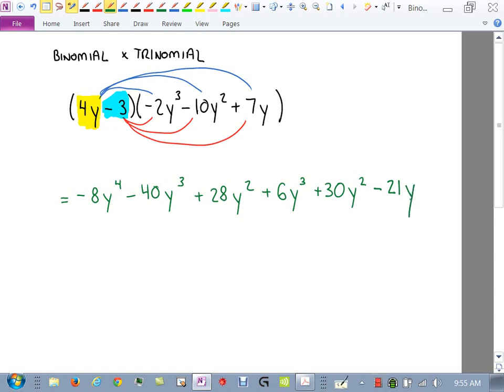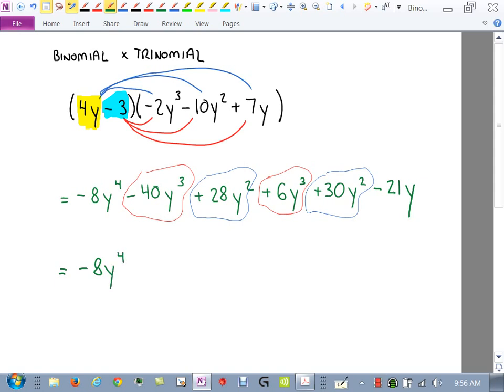Okay, now what I do is I look at all this and try to collect any like terms. Looks like I have a negative 40y cubed here, and then over here I have a plus 6y cubed. And then with my squareds, I've got a 28y squared and I have a 30y squared. Negative 8y to the 4th has no like term, so I just leave it.